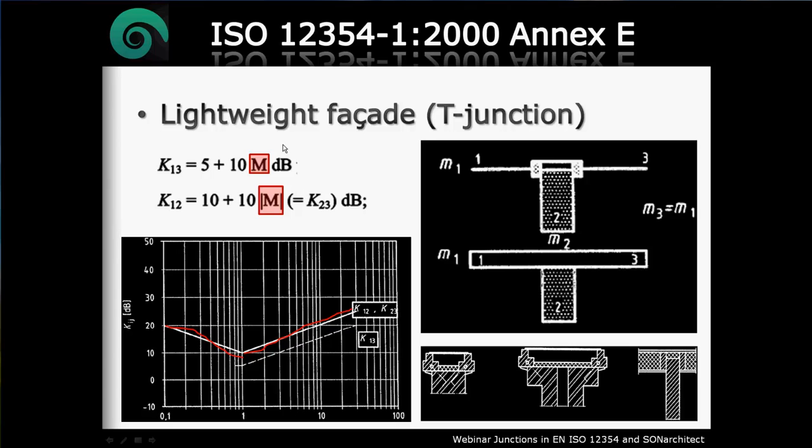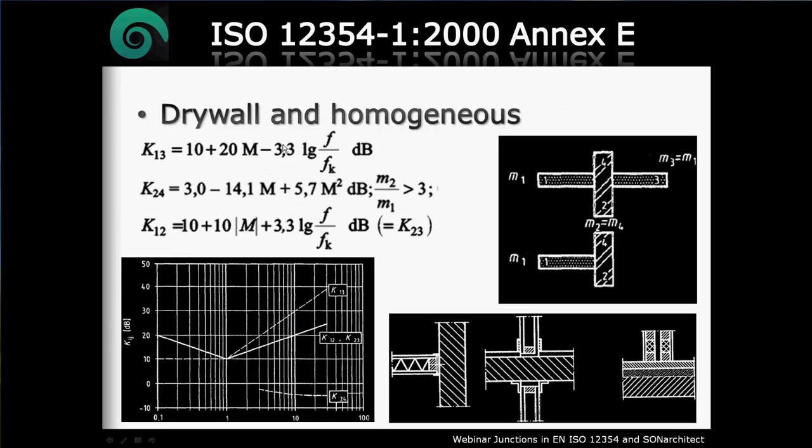There is also another model specific for drywall, the junction between drywall and homogeneous heavy elements. Again, I will not like to go into detail because this is going to be very boring. But I want just to focus your attention on these two quantities, which depend again on the frequency.